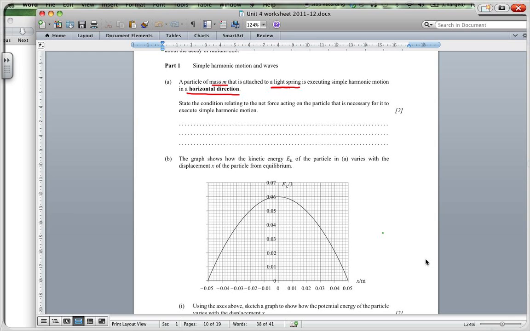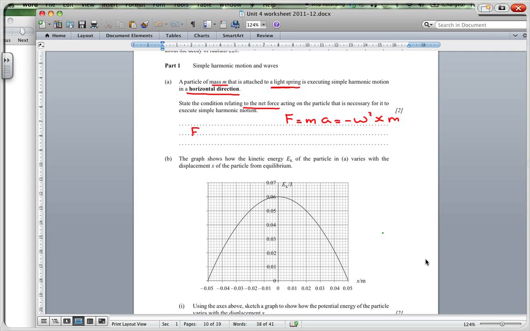State the condition relating to the net force acting on a particle that is necessary for it to execute simple harmonic motion. Okay, now we know that the defining equation is a = minus omega squared x, and because F is equal to ma, we have something like that. So what behaves with the a behaves with the force also.